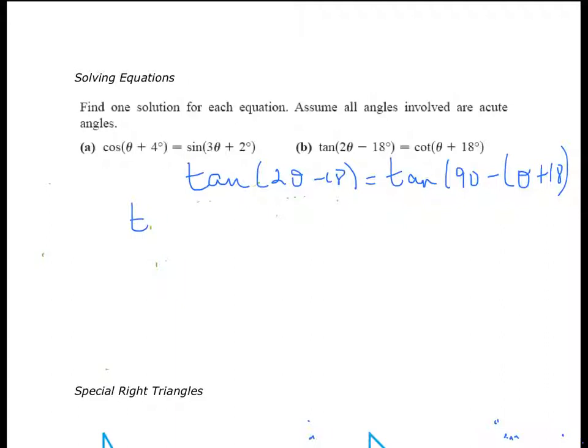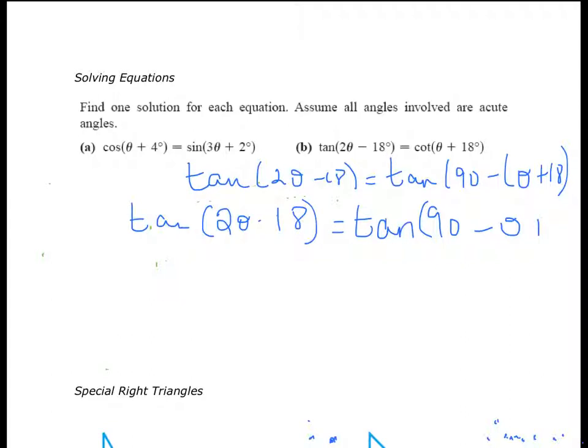And we're going to do tangent of 2 theta minus 18 equals tangent of, again, you got to distribute that 90 through that negative through there. 90 minus theta plus 18, close parentheses.